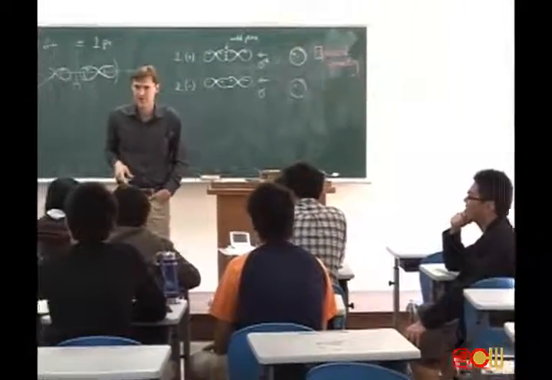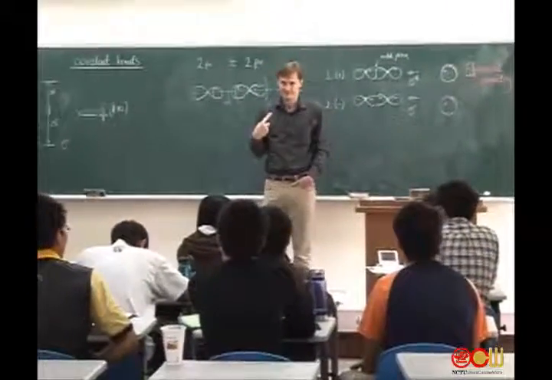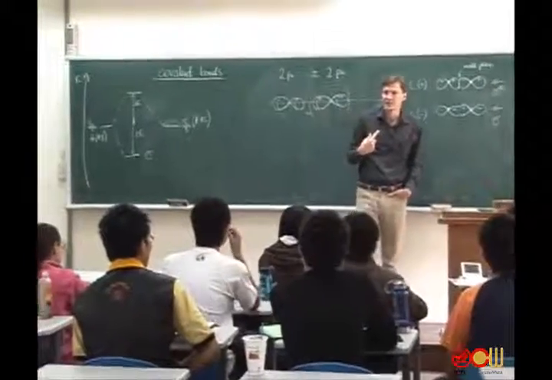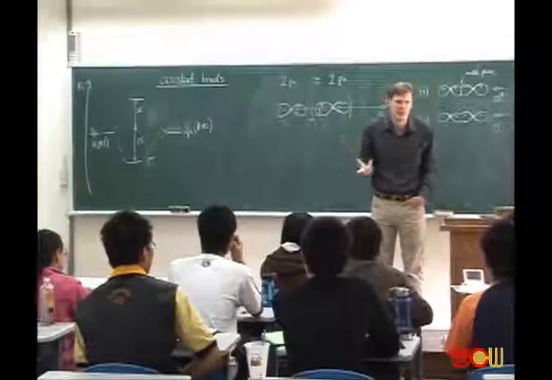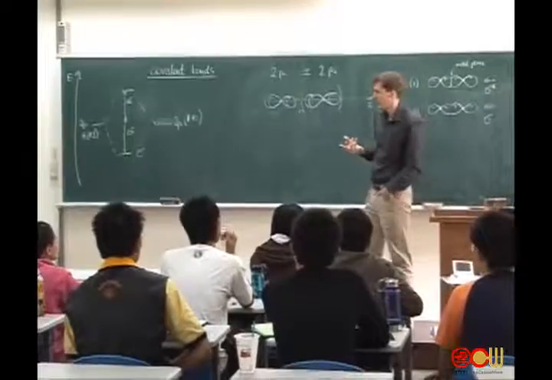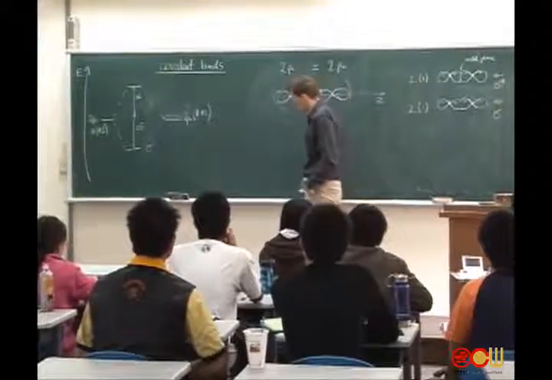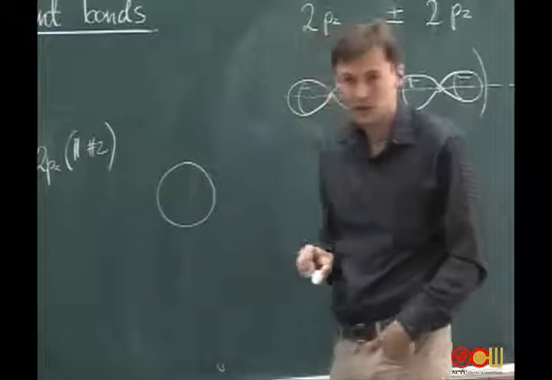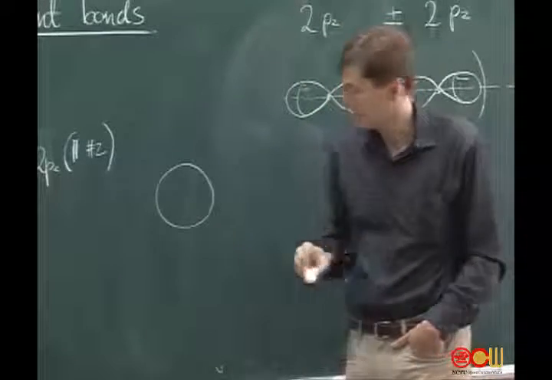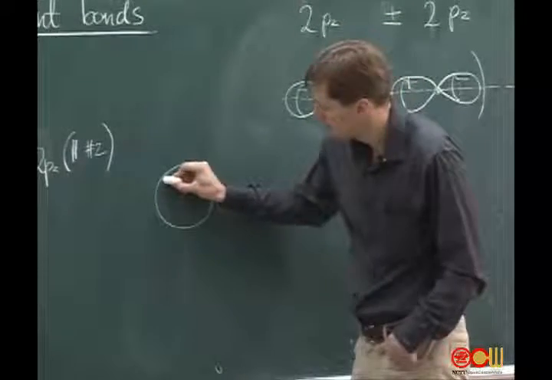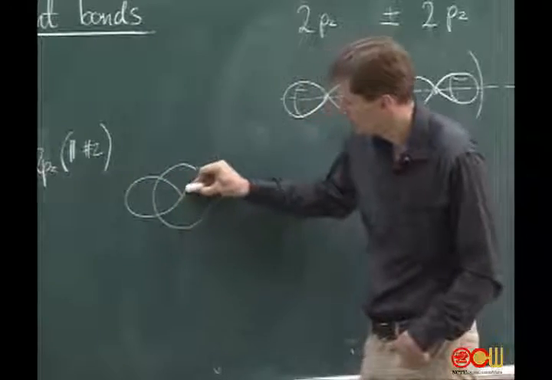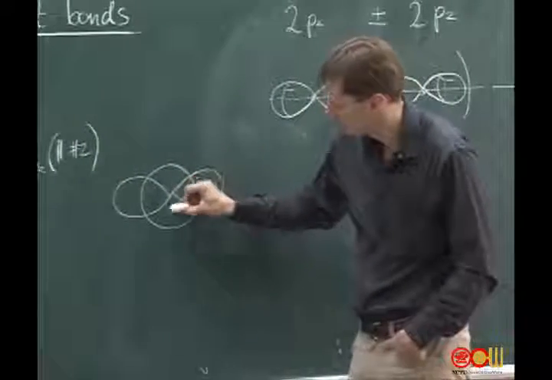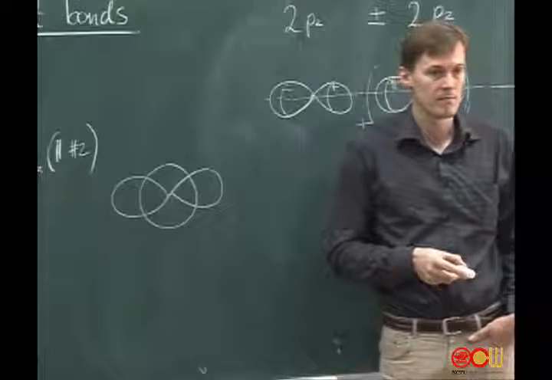I think P, but I don't know. I didn't check it. But I think P, and I'll explain why P. If you put together s orbital and a p orbital, the p orbital is larger.